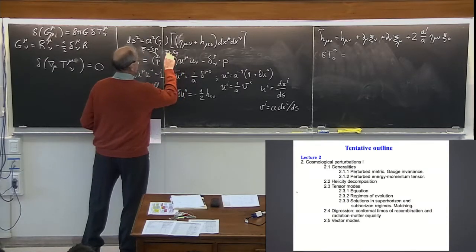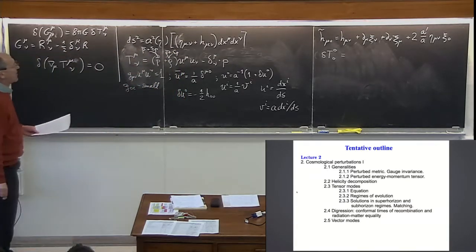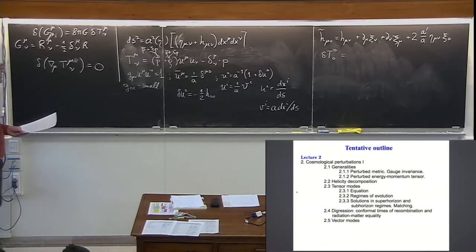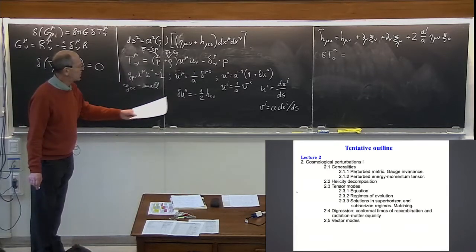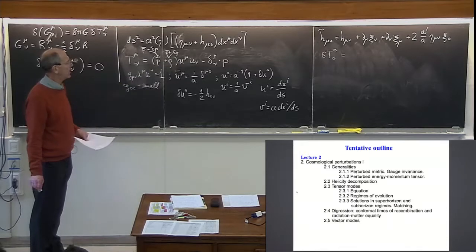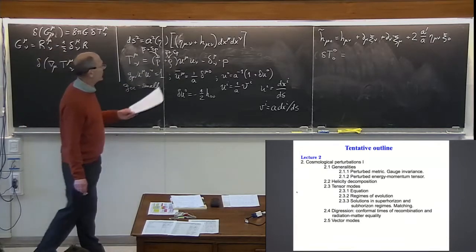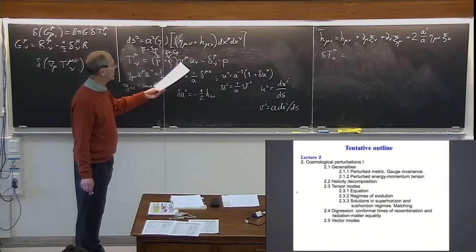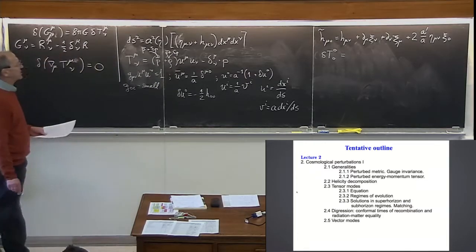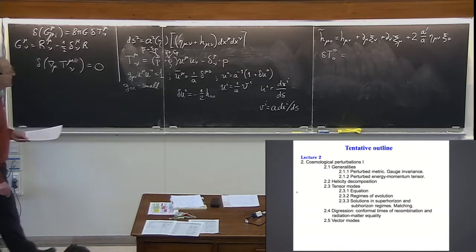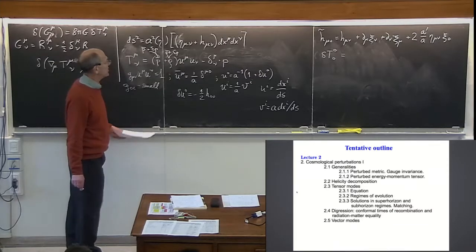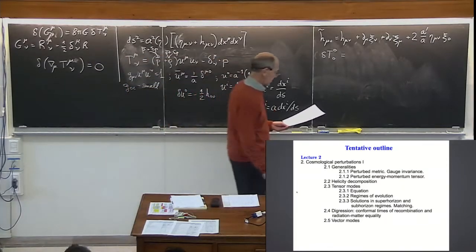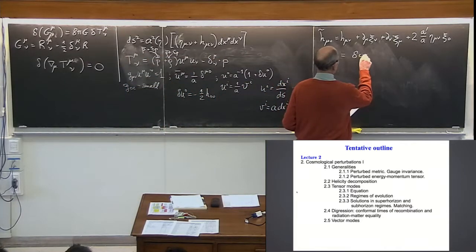Rho bar plus delta rho. Okay? So if you plug this expression for velocity in here, then you figure out immediately, since these two are the velocities with upper and lower index, this h00 cancels out, so delta T00 is just delta rho.